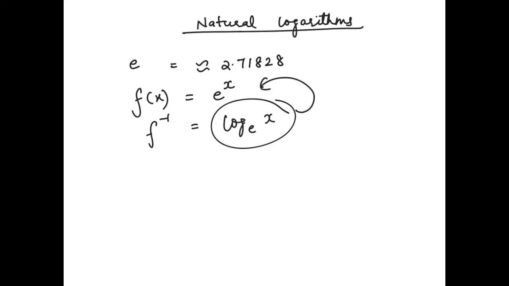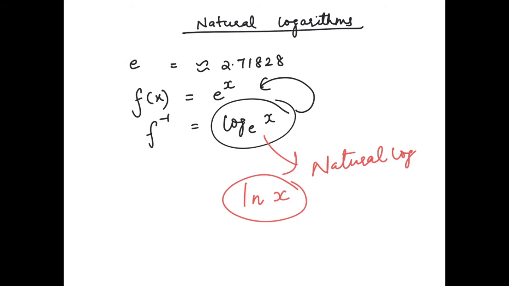This log base e of x is also known as the natural log, and we can express it as ln x. So log base e of x or ln x is the same thing, and they are known as the natural log. ln x is the reflection of e to the power x. So when you have the e to the power x line on the graph, ln x will show as the reflection line.